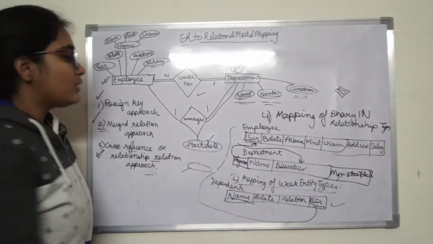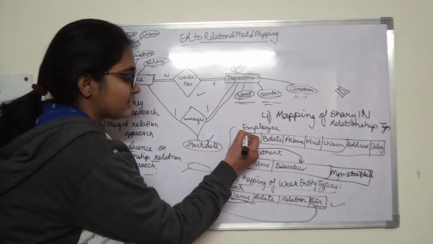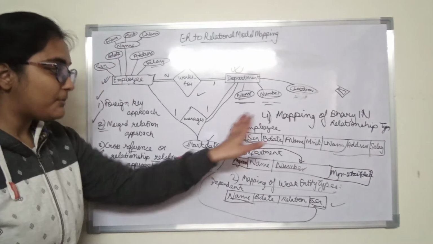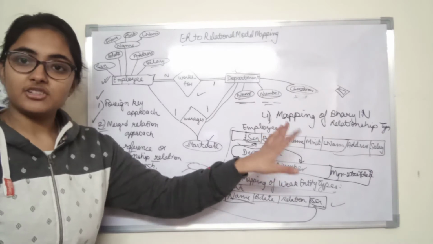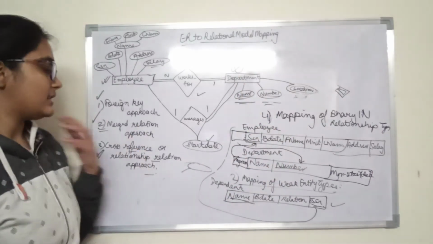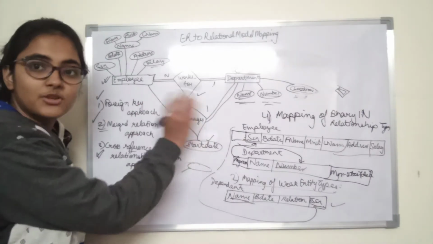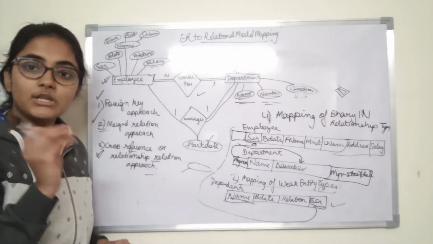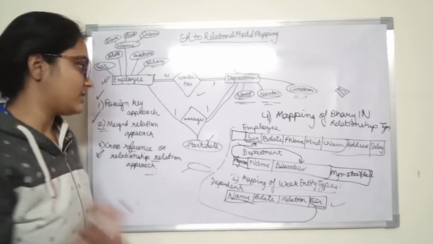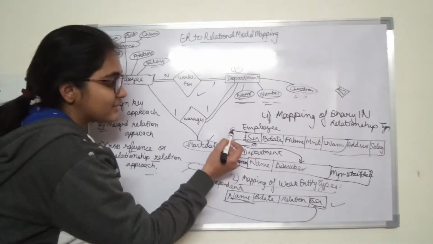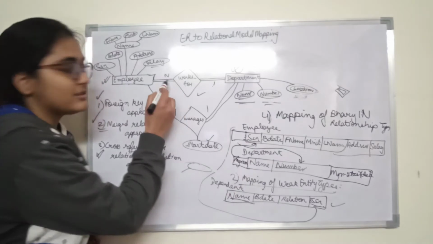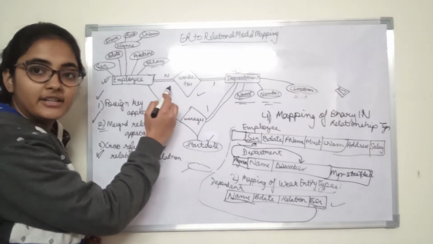So which is the foreign key? Include as foreign key the primary key of the relation corresponding to the other participating entity type. These are the two participating entity types, so we always include as foreign key the primary key of the other relation. We include it in the employee relation because it is on the N side of the relationship type.